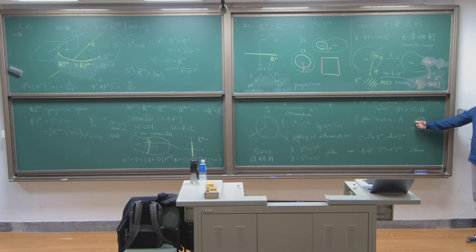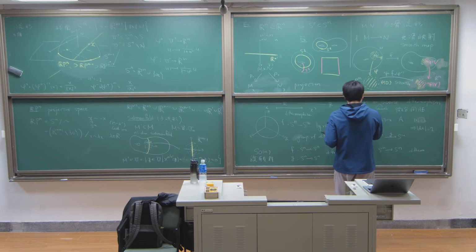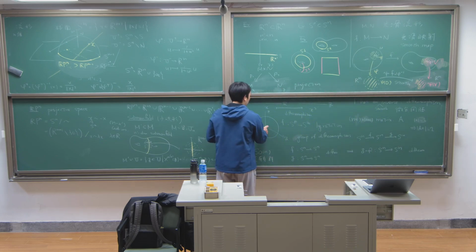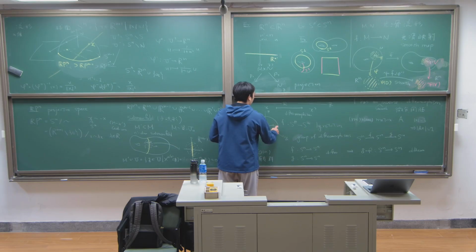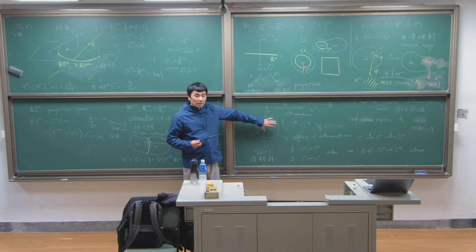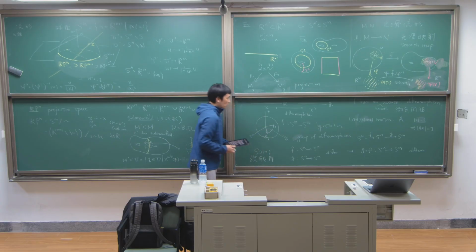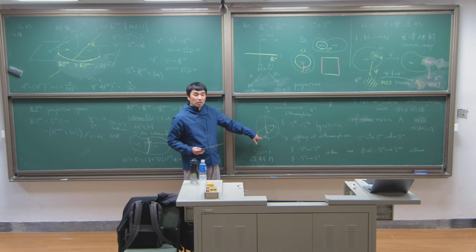So in Rn, if x has length 1 and you rotate it by A, getting Ax, even if you rotate, the length doesn't change.